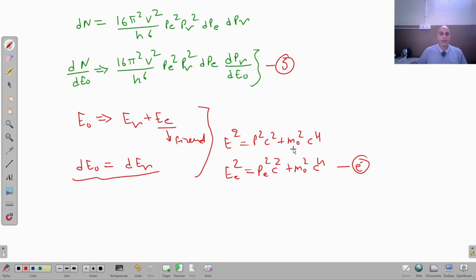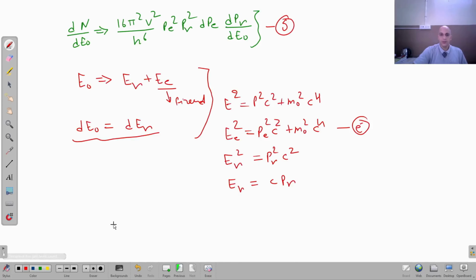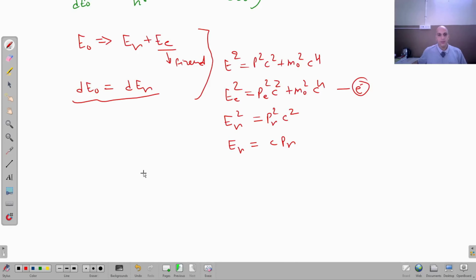And for neutrino, as the rest mass of the neutrino is 0, E neutrino square is equal to P neutrino square C square. If I take the square root on both sides and consider only the positive terms, E neutrino is equal to C into P neutrino. So here I can write P neutrino is equal to E neutrino upon C.